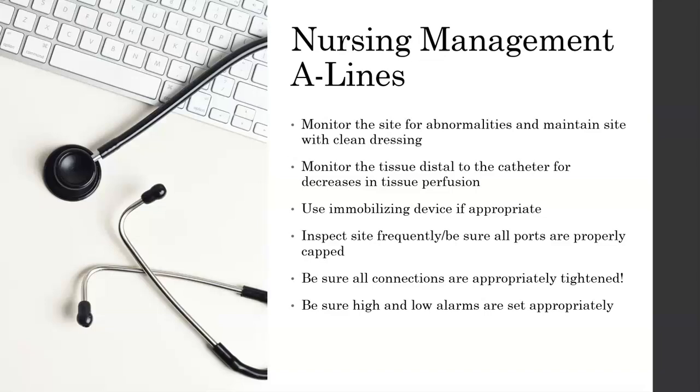Just like with blood pressure parameters, you can set your A-line parameters to alarm at set points. In the unit, a lot of us were concerned about our MAPs. Okay, I get that your systolic pressure is 90, but your MAP is still 65.